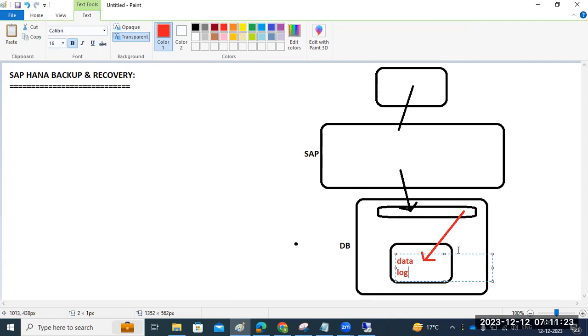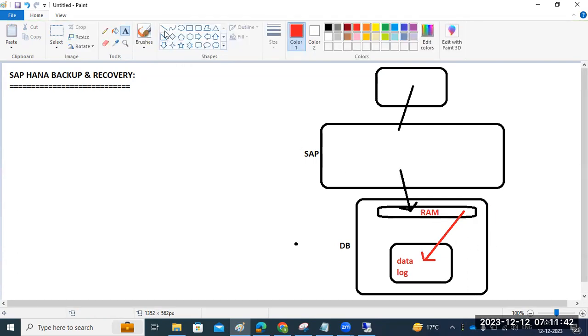In case of a system crash, whatever data is in the RAM memory will be flushed out. Why? Because RAM is volatile memory, which means it is only temporary. If something happens, all the data will be deleted from the RAM.